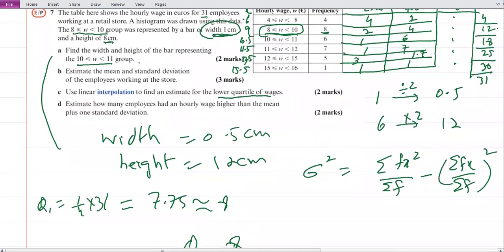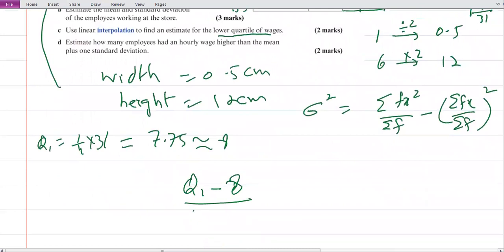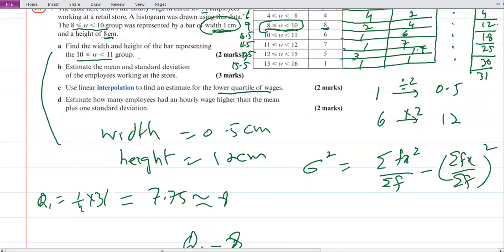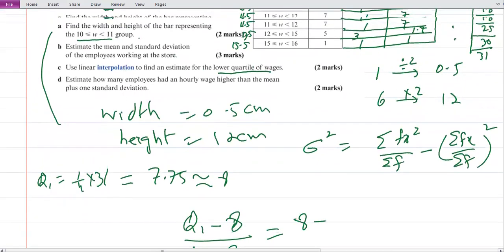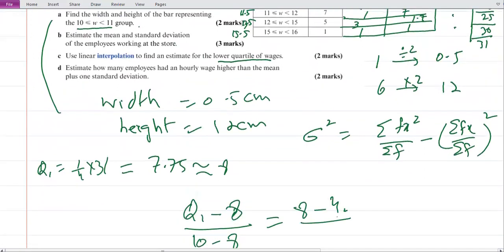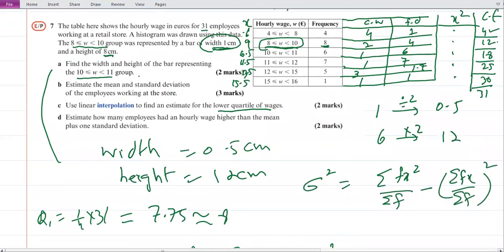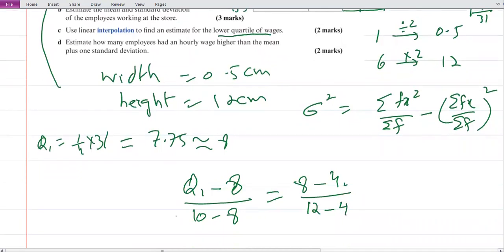What will be the class width of this class? 10 minus 8 equals 2. Then, obviously, for this class, the frequency position, 8 minus the cumulative frequency of the previous class, that is 4, over the cumulative frequency of this class, which is 12, minus the cumulative frequency of the previous class. So from here you will get Q1.